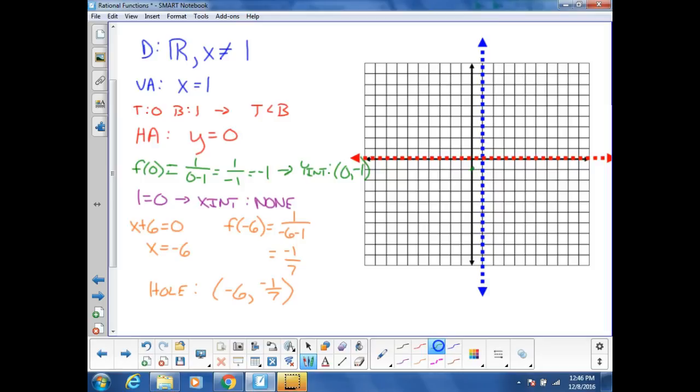Zero comma negative 1, negative 6, 1, 2, 3, 4, 5, 6, comma negative 1/7. There.